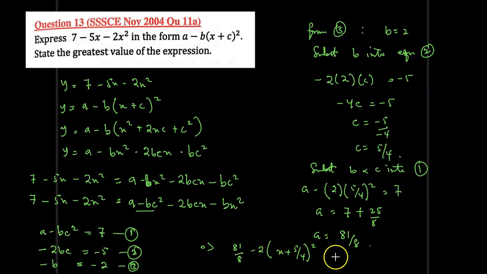The greatest value is the same as the maximum value. The greatest value is y equal to 81 on 8. It means when you sketch the curve for this, it will be turning at a y value of 81 on 8. That's what it means.